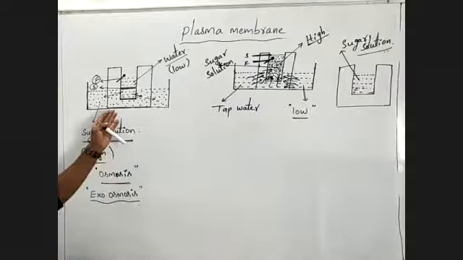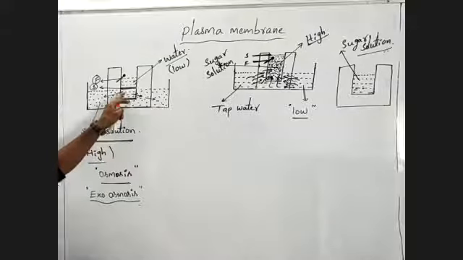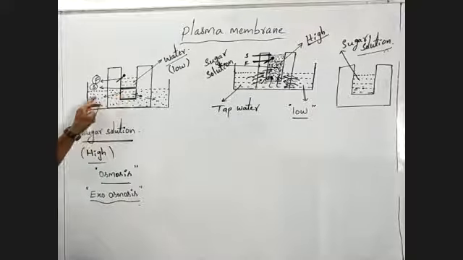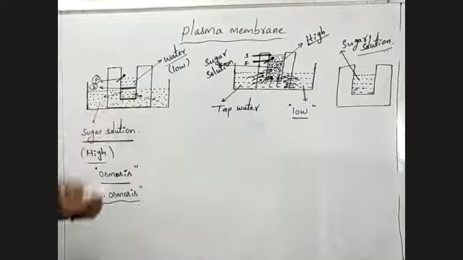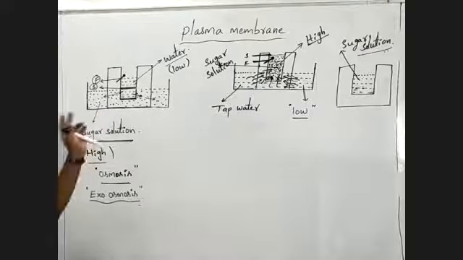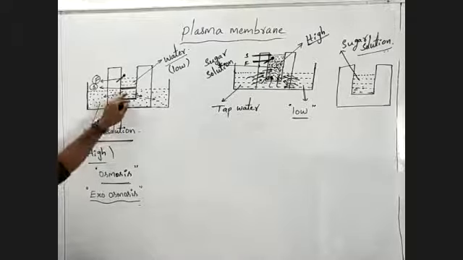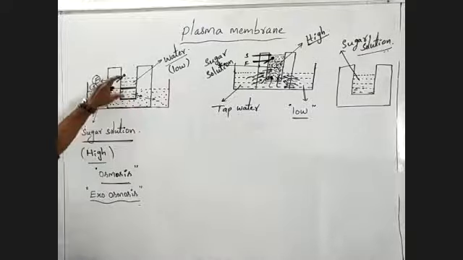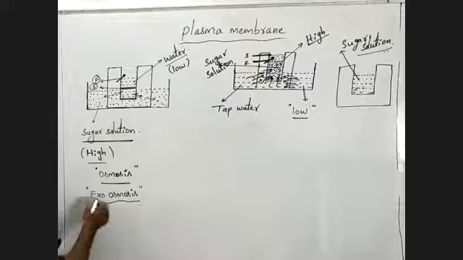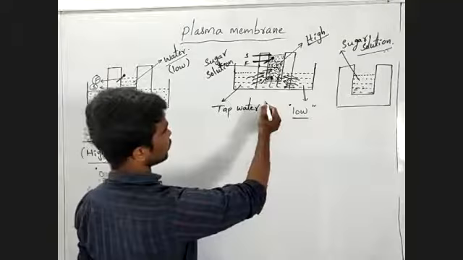Observe here, water has moved into the sugar solution present in the beaker or petri dish from the water present in the cup of the potato. Are you understanding? Here exo-osmosis, here endo-osmosis.